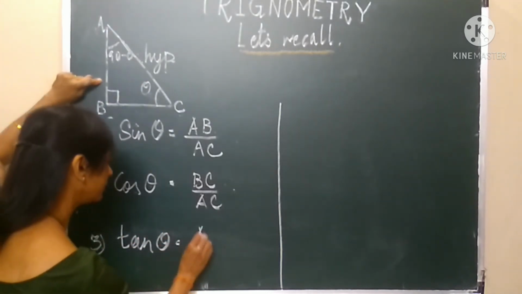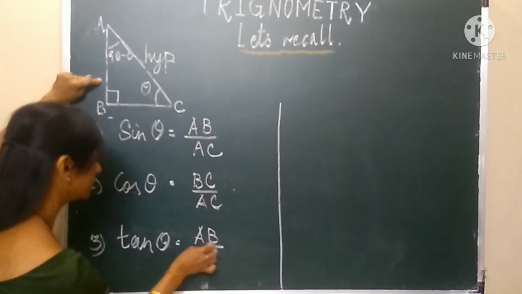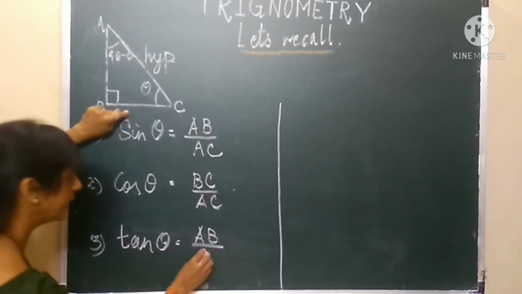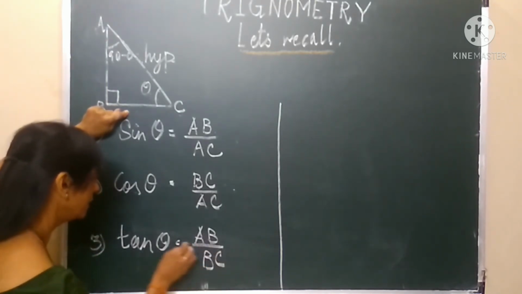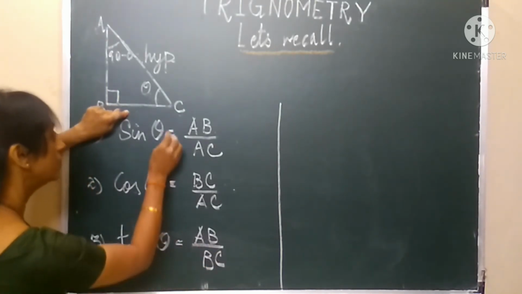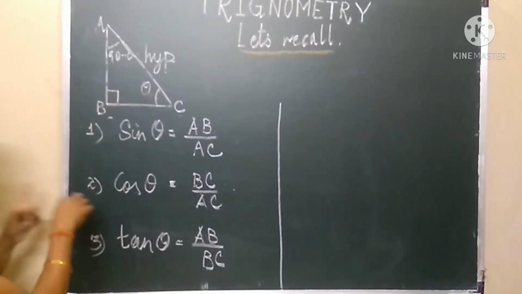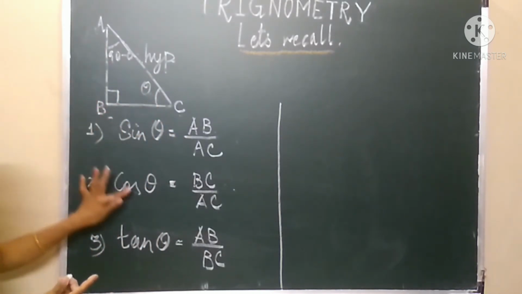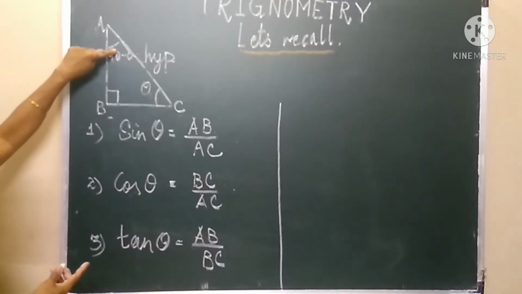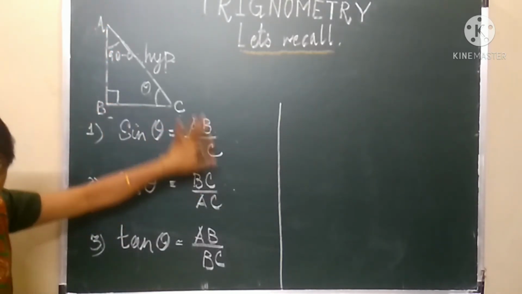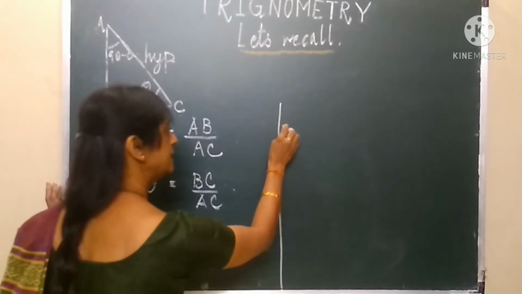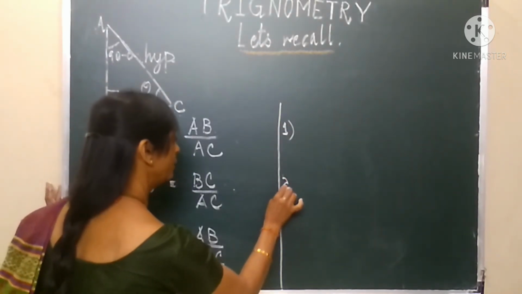Opposite side upon the adjacent side, that is BC. This was for one particular acute angle, that is theta. What else we found out? We found out again the 3 trigonometric functions for the second acute angle of which right angle triangle? ABC. Let's pen them down and see what we get.